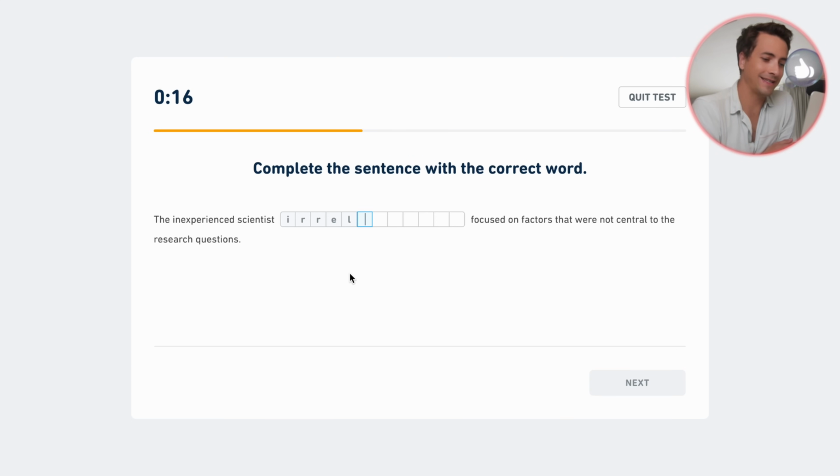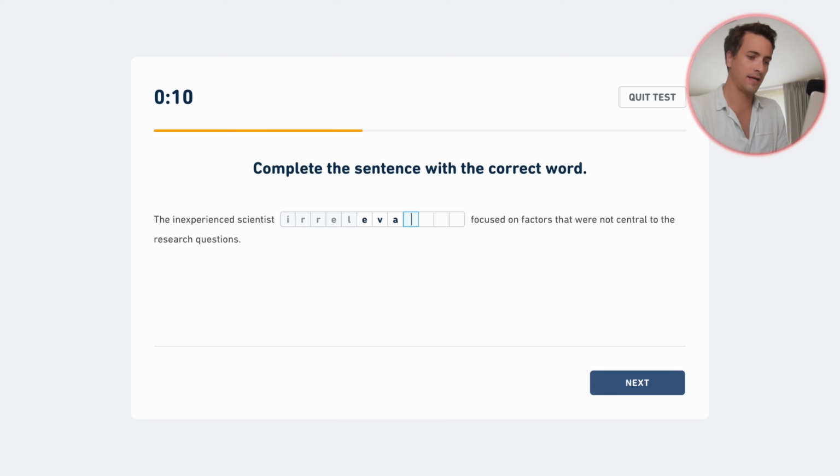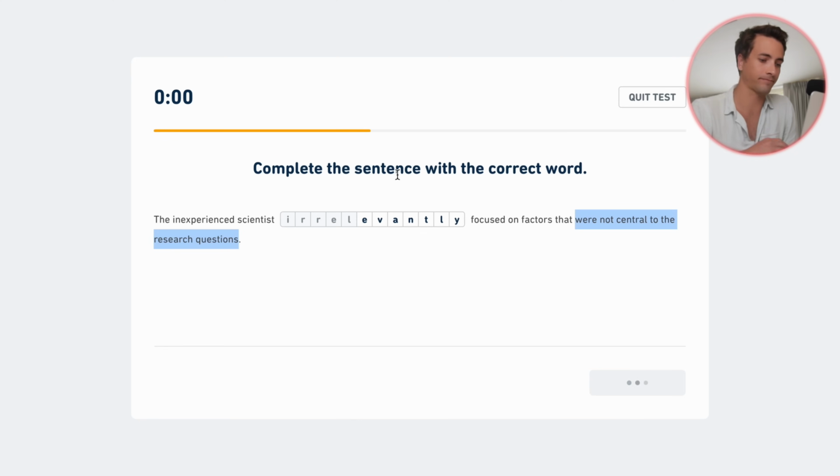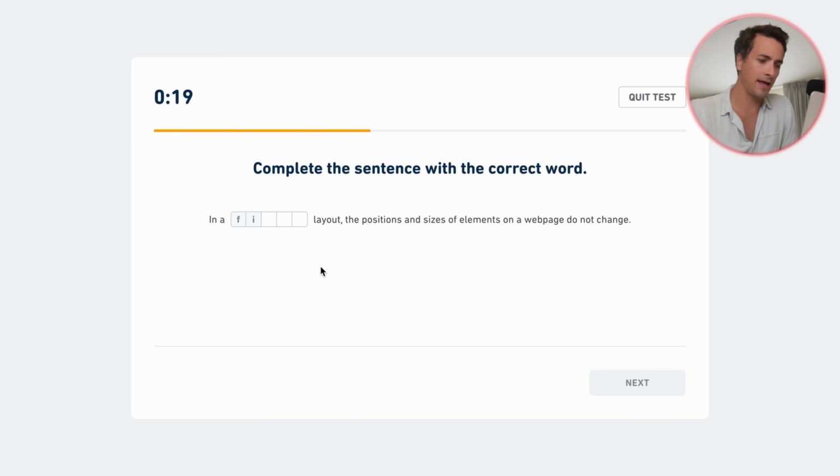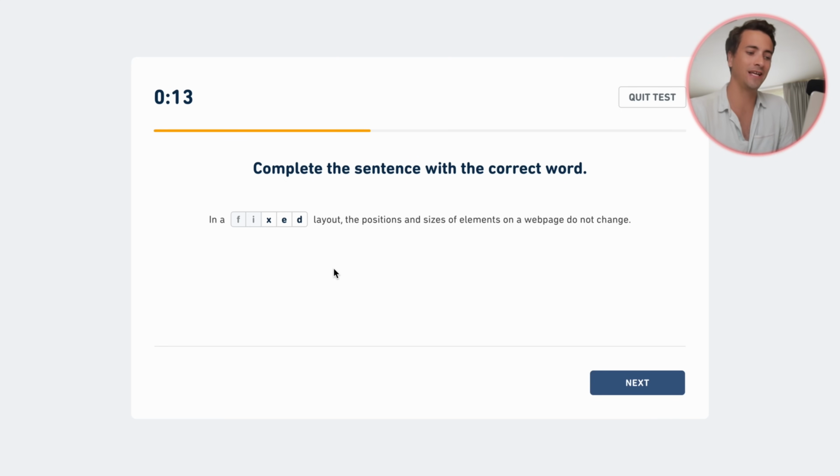The inexperienced scientist focused on factors that were not central to the research questions, irrelevantly. So were not central to the research questions, that is a synonym for irrelevantly. That's how I got that one. In a fixed layout, the positions and sizes of elements on a web page do not change.